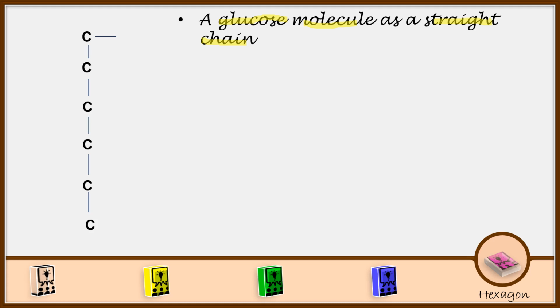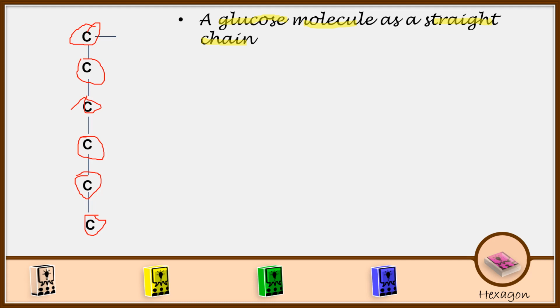If you look at them, this is the first carbon, second carbon, third carbon, fourth carbon, fifth carbon, and the 6th carbon. So there are 6 carbons that make up a chain, and they are connected to one another by a bond.